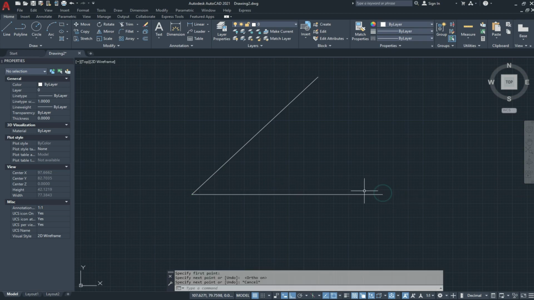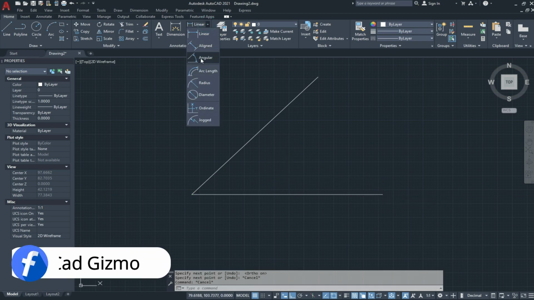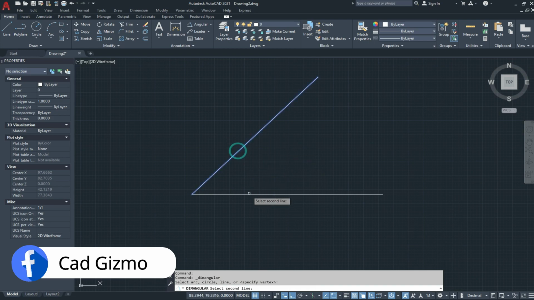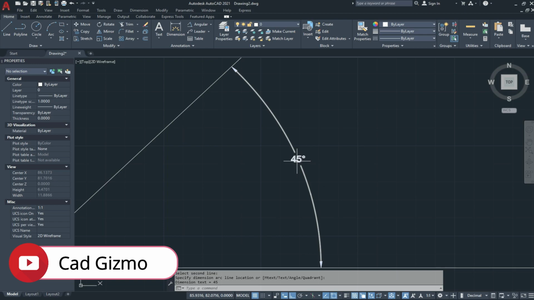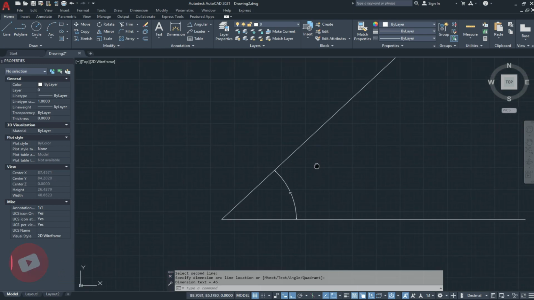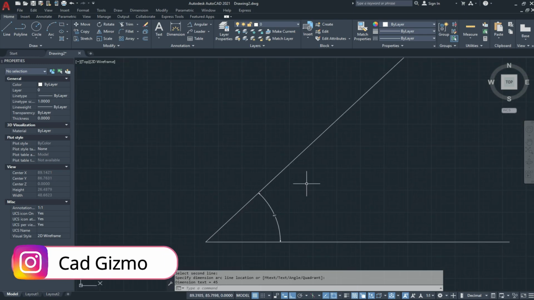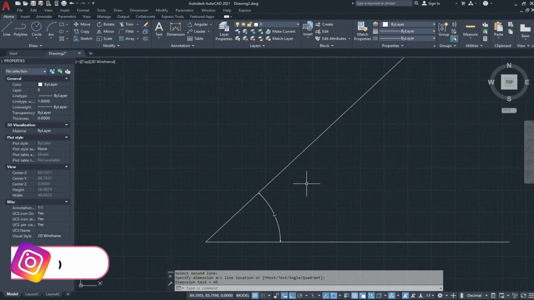We also check this angle from here. So this is 45, and in this way we can use the polar coordinate system.